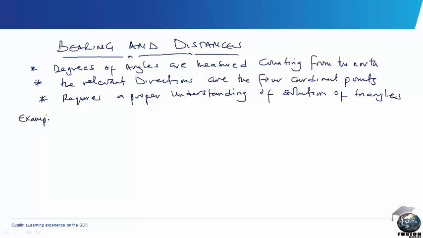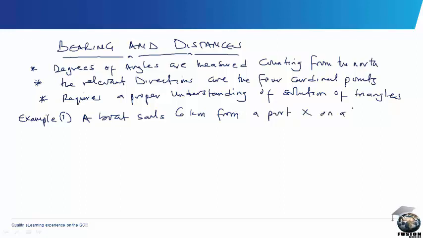For example, number 1. A boat sails 6 kilometers from a port X on a bearing of 65 degrees, and thereafter the same boat, on a bearing of 136 degrees, sails 13 kilometers.